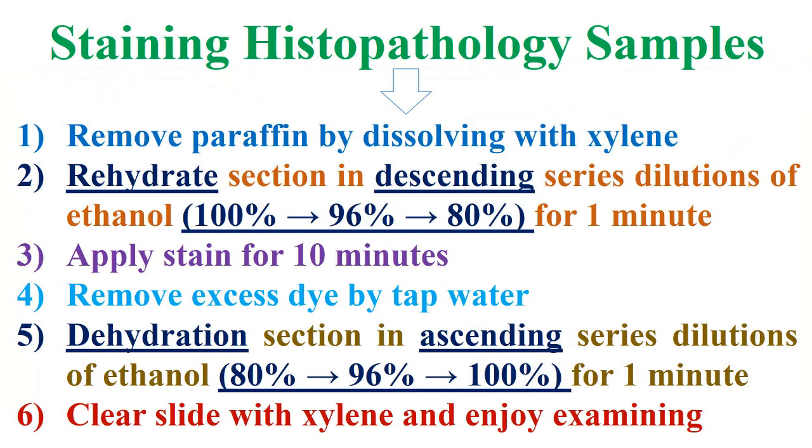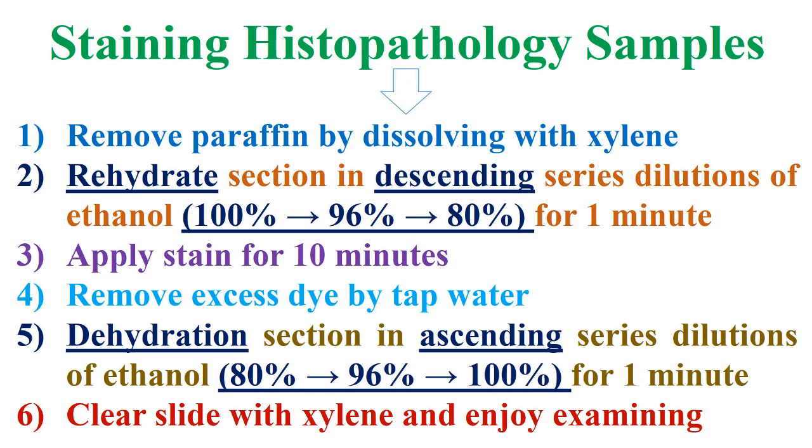So, staining histopathology samples is applied in 6 steps. 1. Remove paraffin from the sample by dissolving with Xylene. 2. Rehydrate the section in a descending series of dilutions of ethanol as follows: 100%, 96%, and 80% for 1 minute. 3.